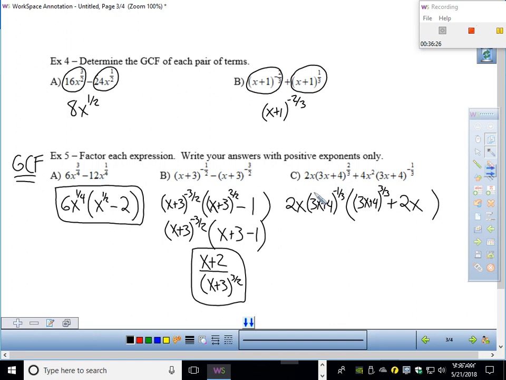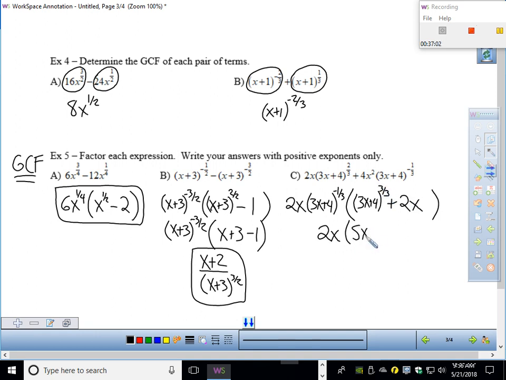Cool. Let's play cleanup. I have the 2x. This guy is going to go to the bottom, of course. Has to go to the denominator. Now, if you notice, again, anytime I get something like this raised to the first, then it's just 3x plus 4. So I hope you don't mind me doing a couple steps in one here, but this is 3x plus 4 plus 2x, because this goes away because it's just raised to the first.